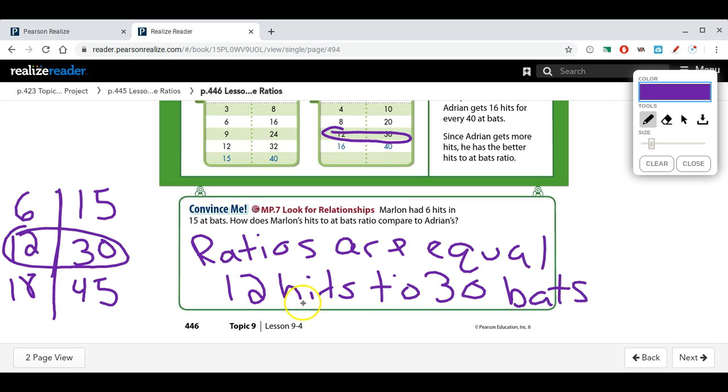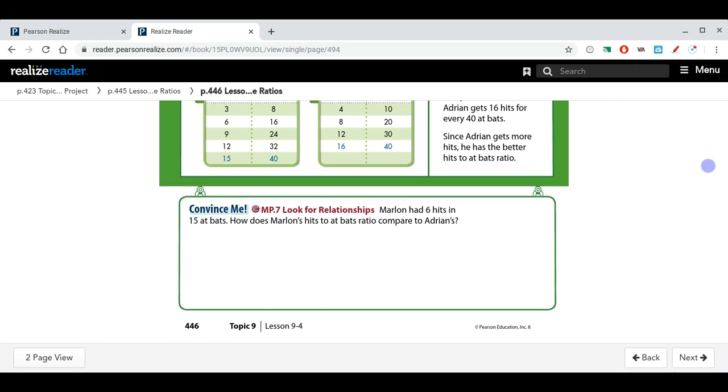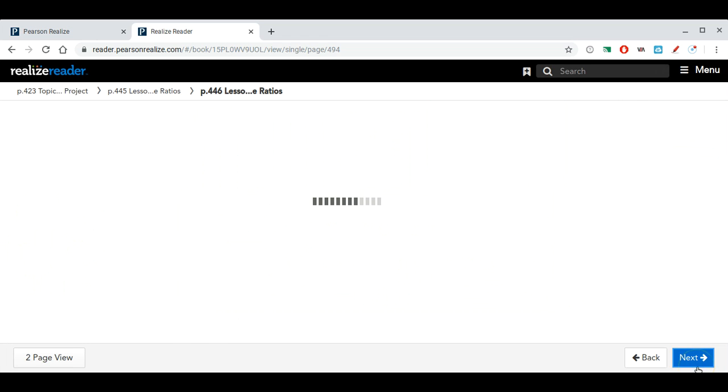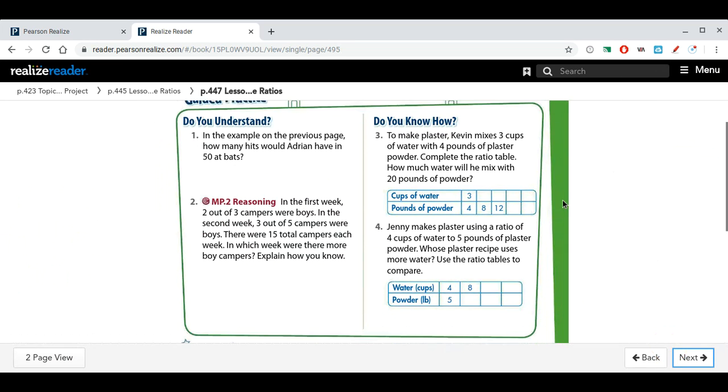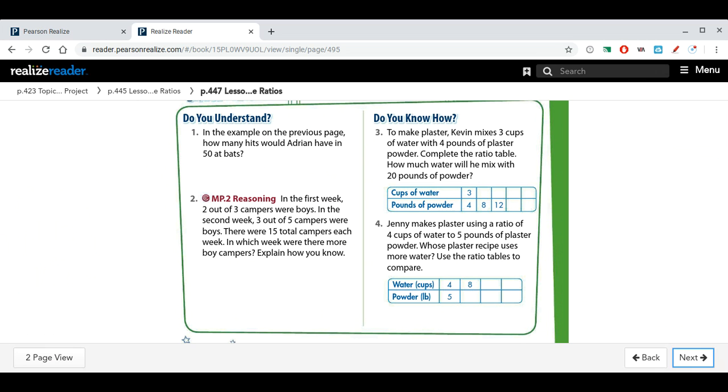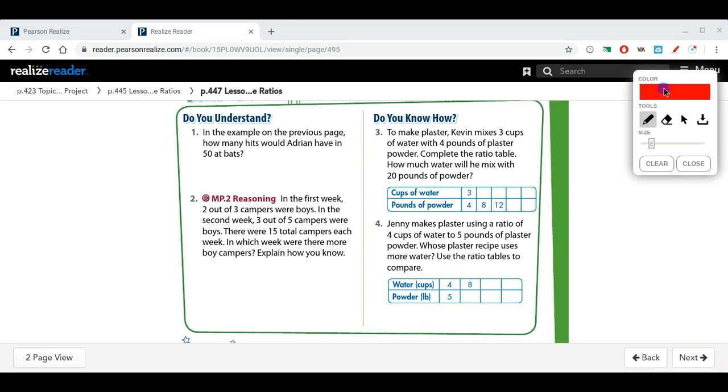Okay, all right, so let's move into your guided practice. If we take a look at your guided practice, it says in the example on the previous page, how many hits would Adrian have in 50 at-bats? So we're going to go ahead and build our 50 at-bats.